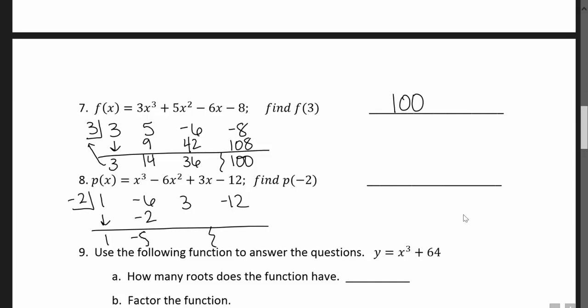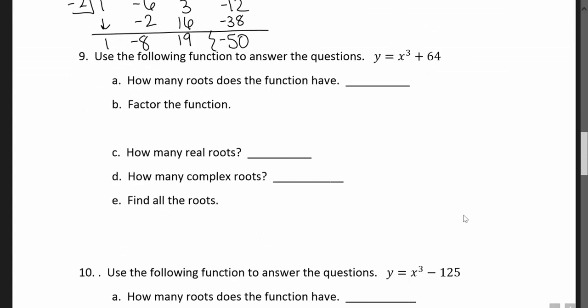Add, I get negative 8. Multiply, I get 16. Add, I get 19. Multiply, I get negative 38. And add, I get negative 50. So when I plug in negative 2 to p of x, I get negative 50. Hopefully you did okay on those ones.